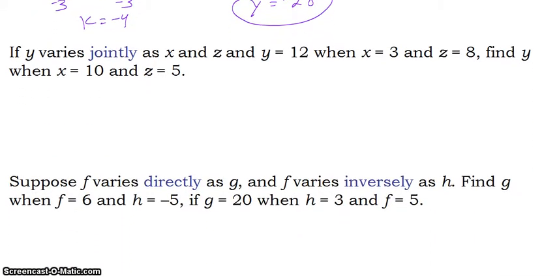Y varies jointly as x and z, so I've got joint variation, and I know y equals 12 when x equals 3 and z equals 8. So I have a situation that looks something like this, y equals kxz. So plug in what I know.